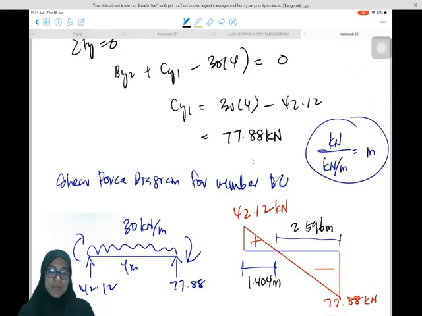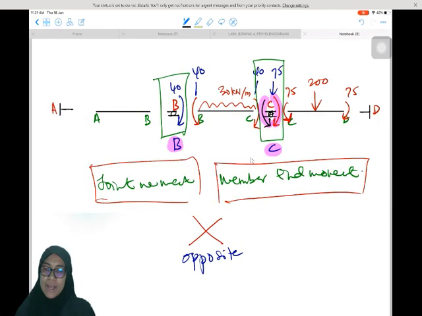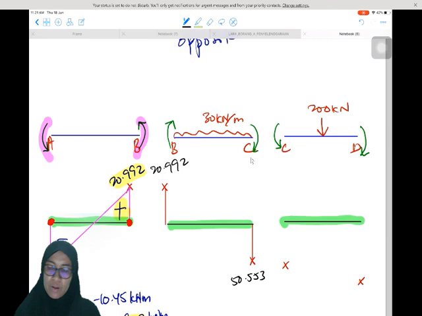Okay, the area is 0.5 times 42.12 times 1.404.